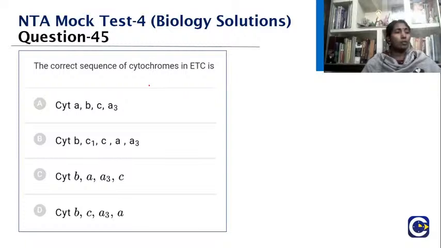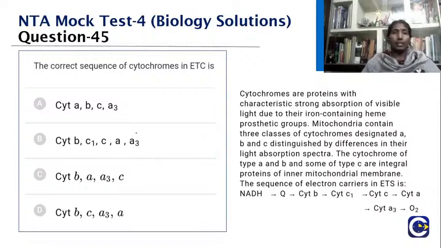The correct sequence of cytochromes in the ETC is which option? In the electron transport chain, ATP is produced by oxidation and reduction reactions in the mitochondria, where electrons are transferred from one protein complex to another.